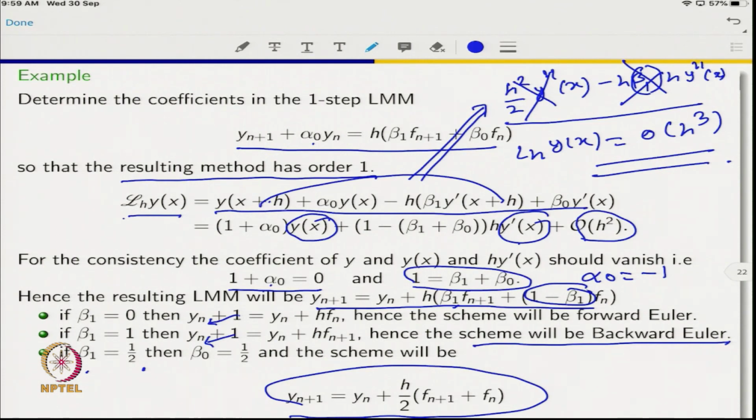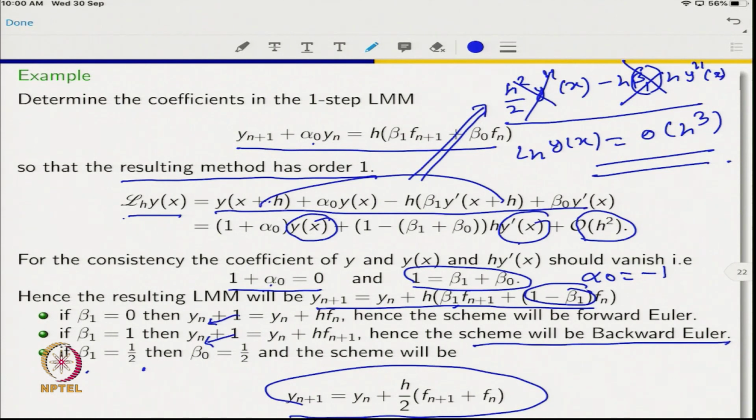So, is it clear to everyone? This is the first example where we have learned how to find out the coefficients of a difference equation by keeping the template fixed. What do you mean by template? Template means I wanted to retain only the points which use n and n plus 1.